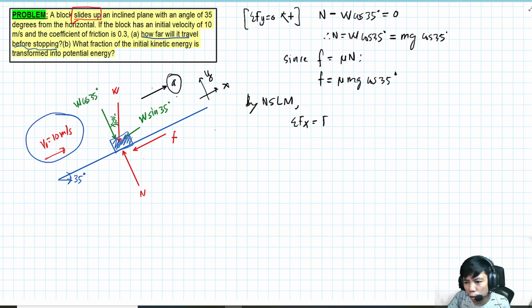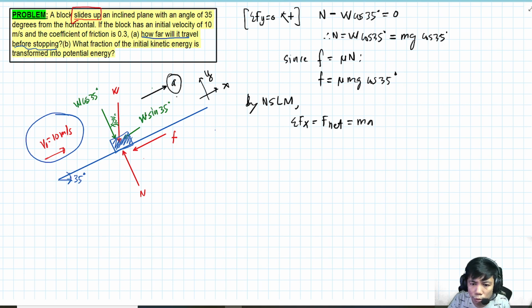Yan mismo yung ating net force, or yung unbalanced force, which is equal to the product of the mass and acceleration. As you can see here, ang meron lang forces along the incline is yung weight along the incline and then frictional force. Both are opposite in the direction. So, ibig sabihin, obviously, meron tayong deceleration.